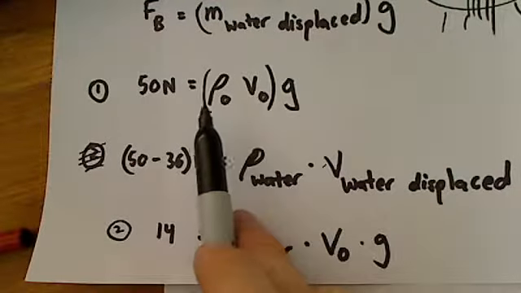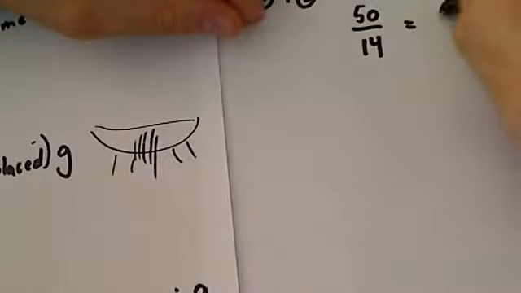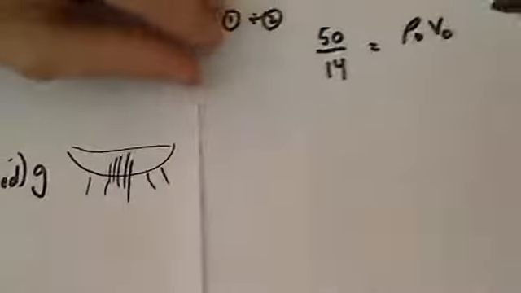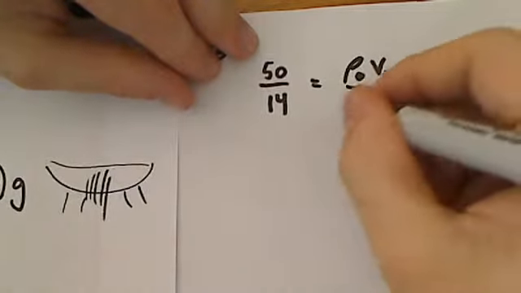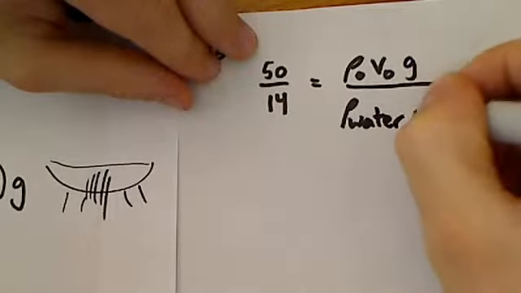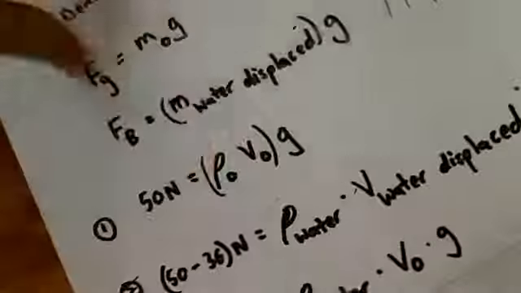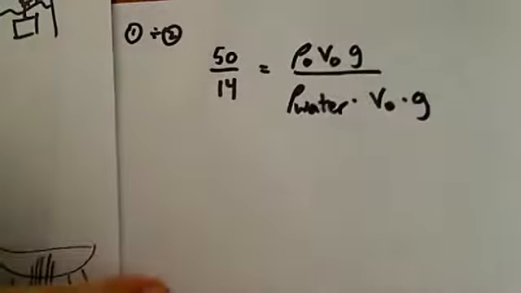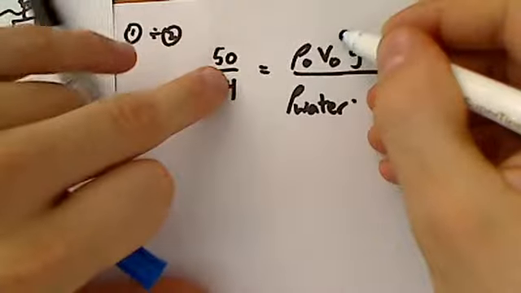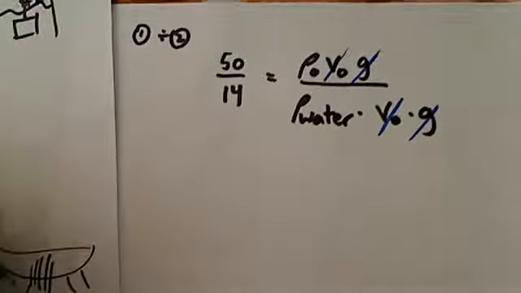On my right side of the equation, I'm going to have this divided by this. So, let's see what we can cancel here. We can cancel V naught. Cancel g. So we're left with this relationship.